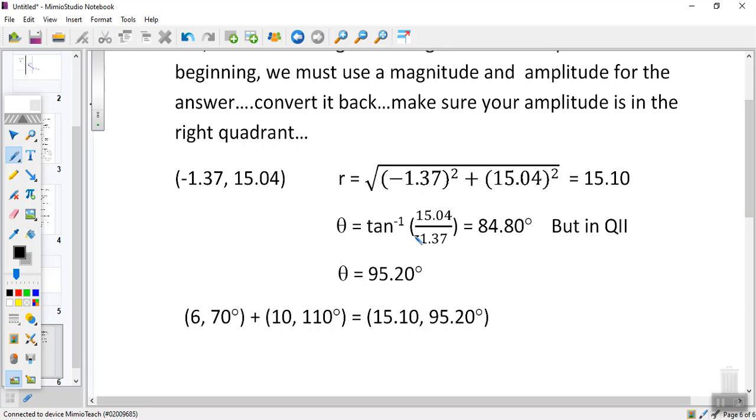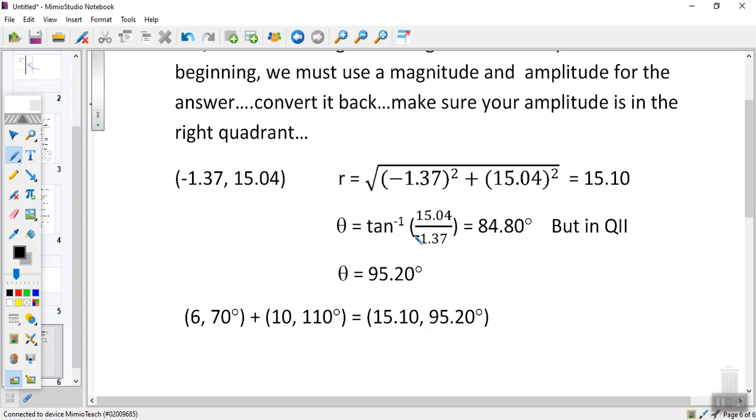Run this in your calculator and see what happens. Do 15.04 divided by negative 1.37. What does that kick out?